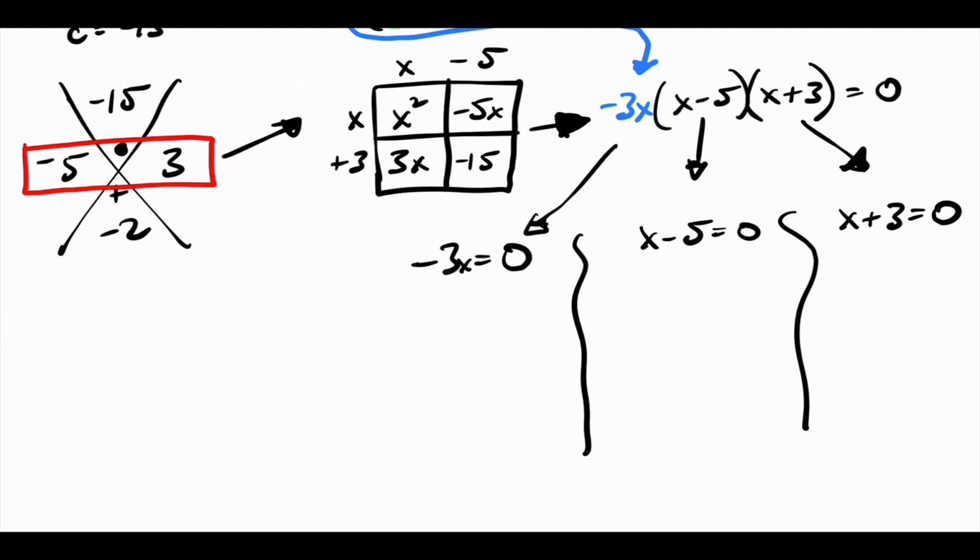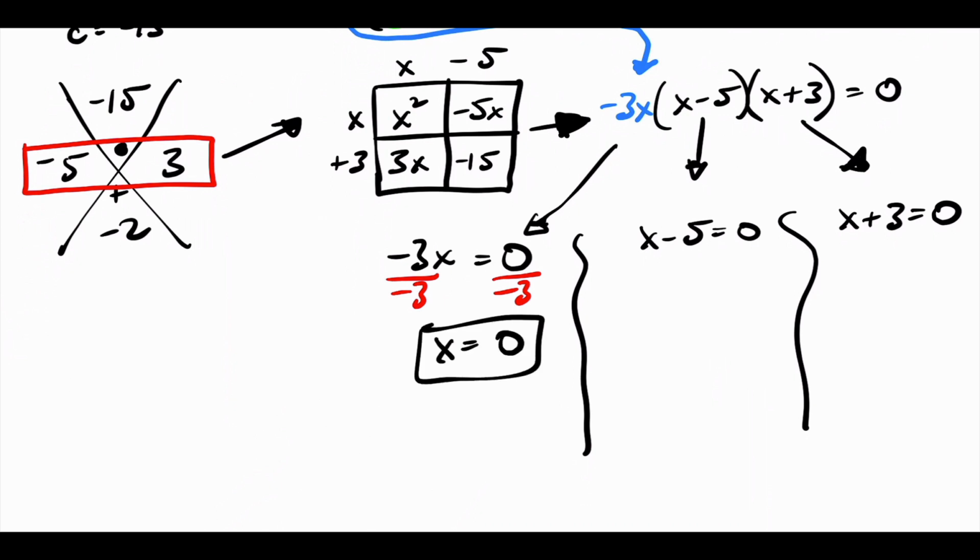Okay. So the first one, I'm going to divide by negative 3 since it's negative 3 times x. The opposite would be division. So I get 1x equals 0. The next one, I'm going to add 5 to both sides.